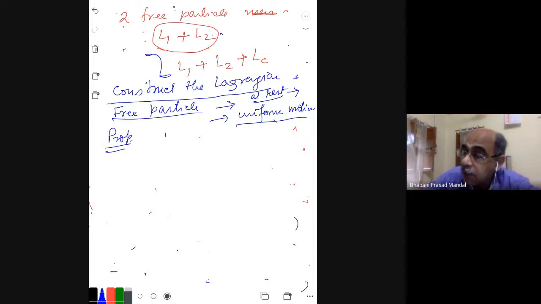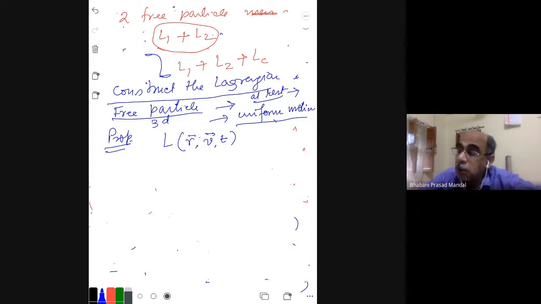So the Lagrangian of a free particle in 3 dimensions, in principle, according to our understanding, should depend on r. I am using Cartesian coordinates as my general coordinates. It is 3-dimensional, so it may depend on r, it may depend on velocity, and it may depend on time also. A free particle has position, it has velocity, and a different time also.